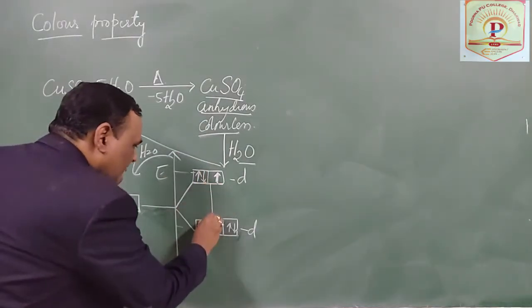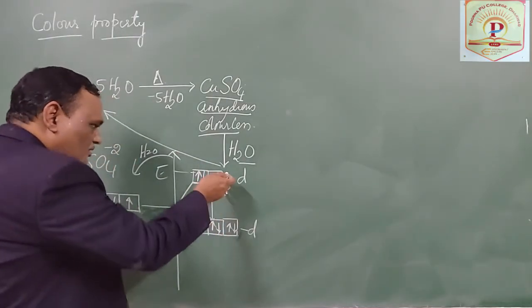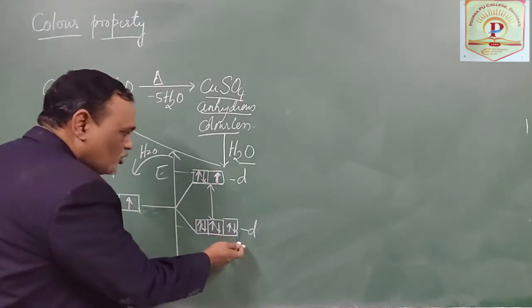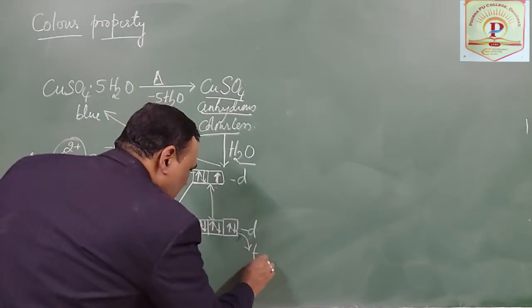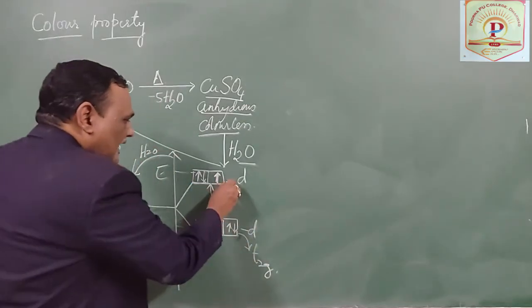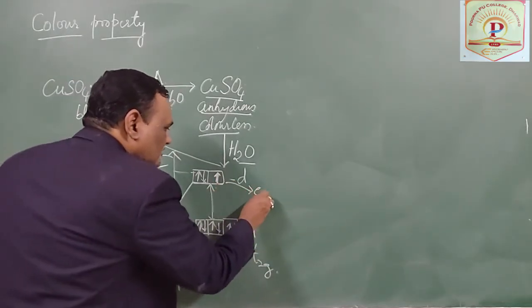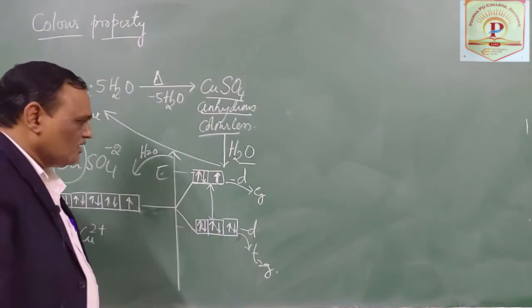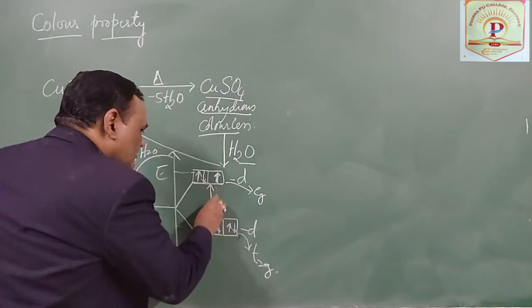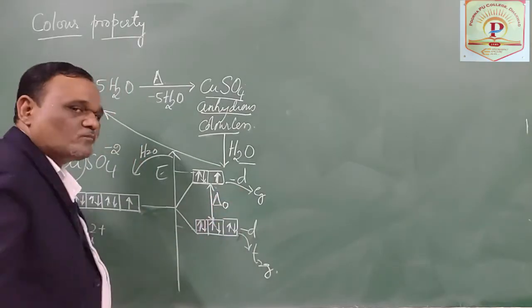This is the energy difference between the higher energy d orbital and the lower energy d orbital. In coordination chemistry, we call this set T2g, and these 2 orbitals are called the eg set in octahedral splitting. And this energy difference is called delta O.